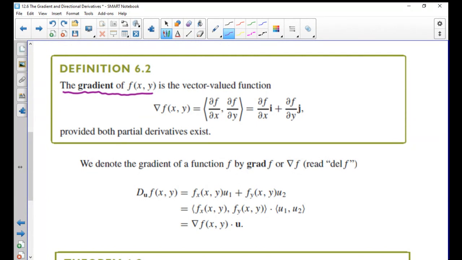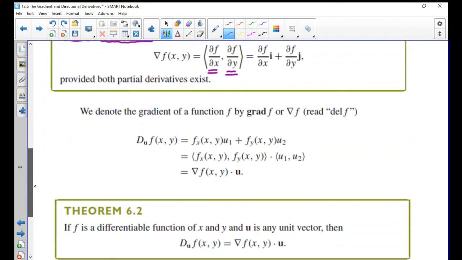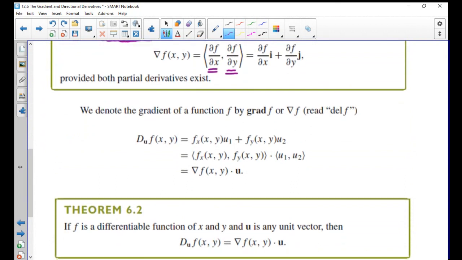Basically, the gradient is a vector which is made up of the partial derivatives, df over dx and df over dy. That vector is called the gradient of the function.